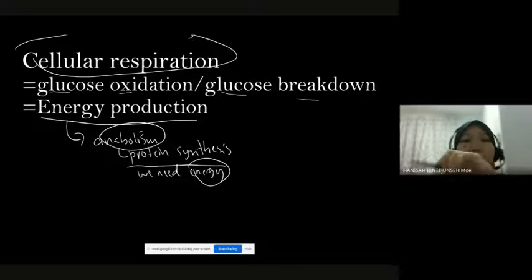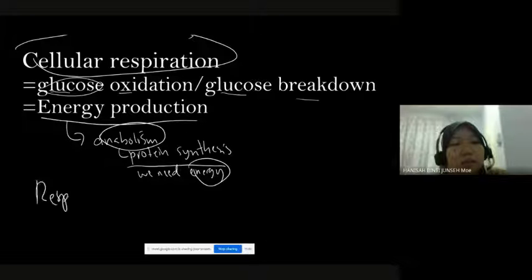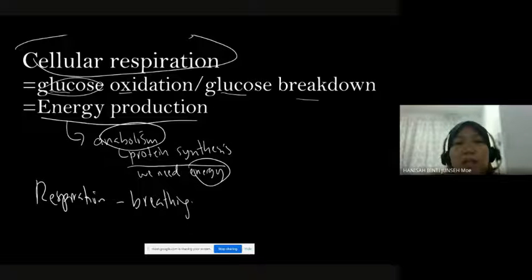Okay, before we go to this glucose thing, some of you might know that respiration is related to breathing. But I haven't mentioned anything about breathing when I said cellular respiration. Well, there is a difference between the two actually. When you say respiration is breathing, that is actually extracellular respiration.